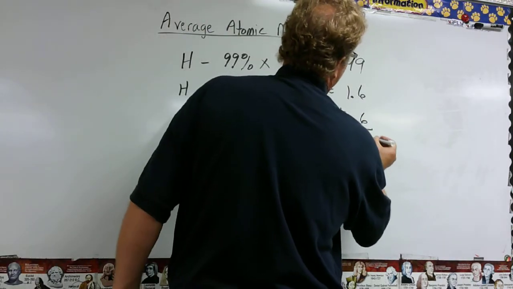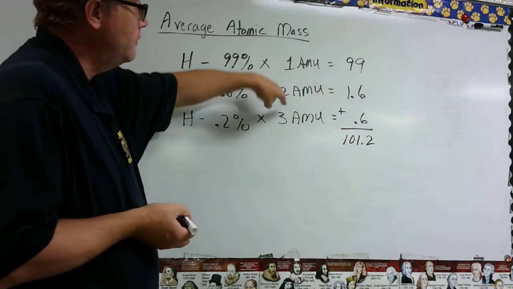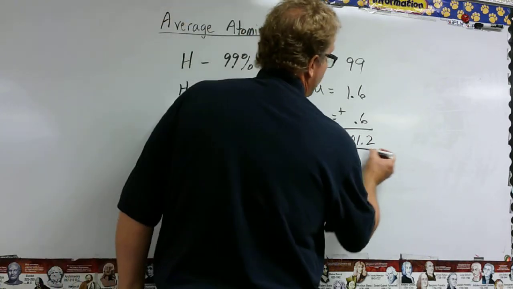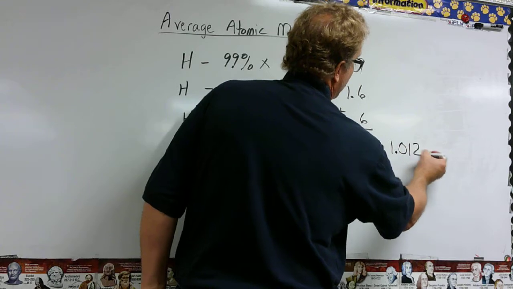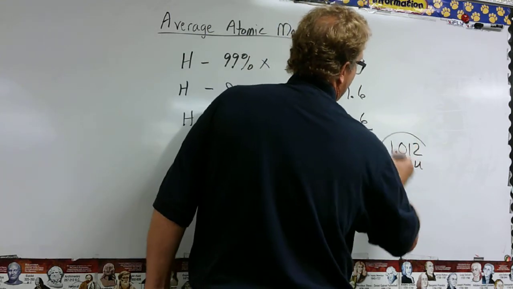That's 101.2. Well, we know that's not going to work, because it's got to fall in between them. So just remember, last step, divide by 100. 1.012 is going to be my atomic mass for this one.